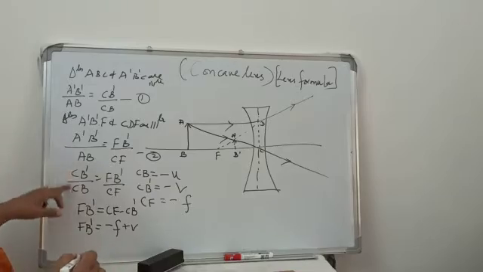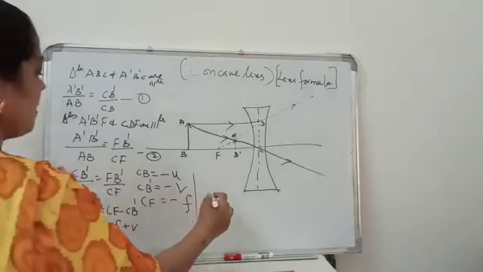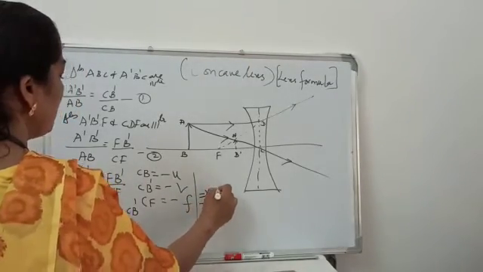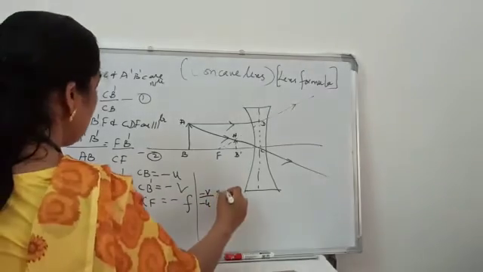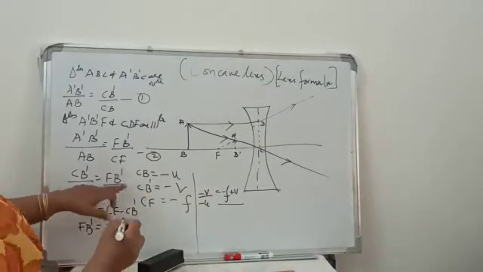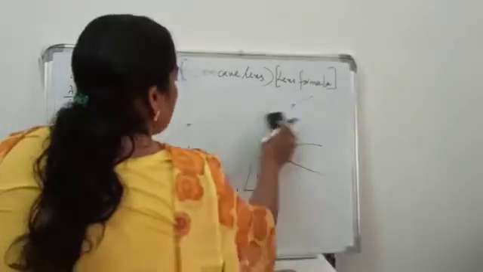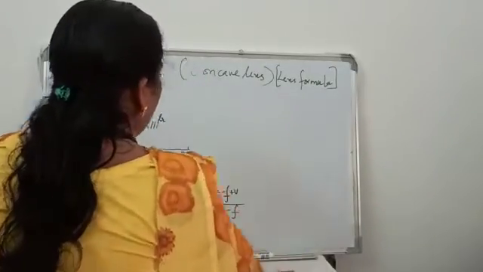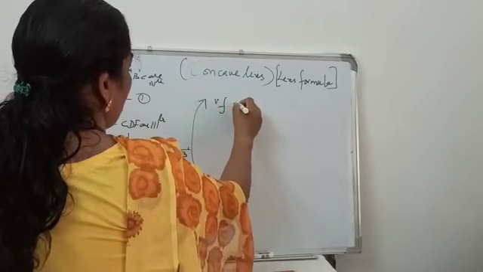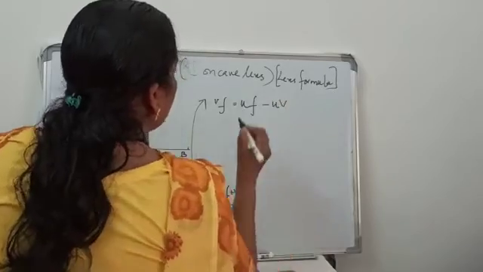So, when you substitute in this equation, we get CB dash is minus V by minus U equal to FB dash is minus F plus V by CF is minus F. Now, let us cross multiply both and we get VF equal to UF minus UV.